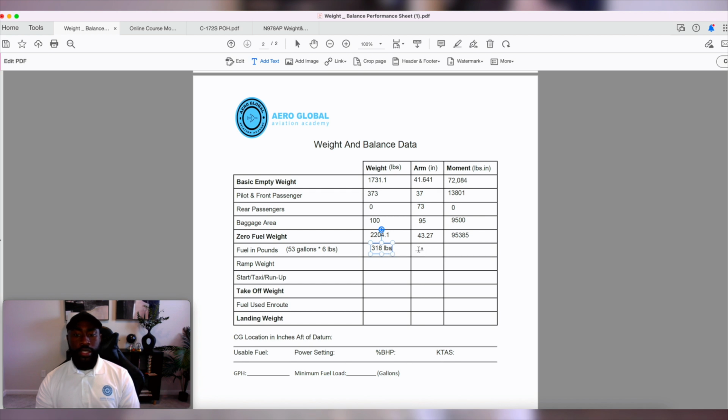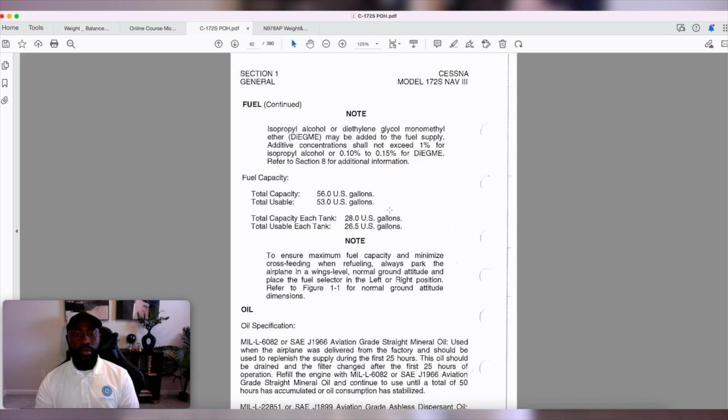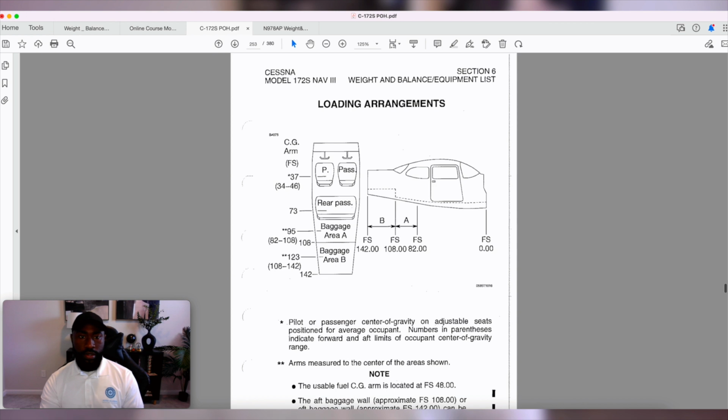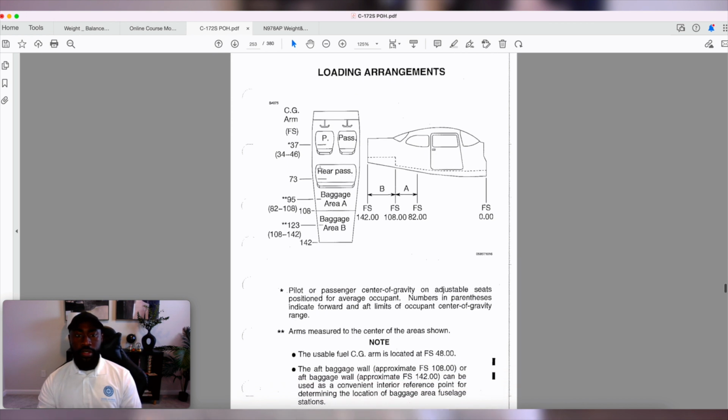And then the next thing is our arm. So how do we determine the arm for our fuel tanks? Basically just come here on the POH, go back to the loading arrangements and look at the fuel tanks. Let's see if it gives us anything about the station of the fuel tanks. If you come here to the note, it says the usable fuel CG arm is located at FS 48.